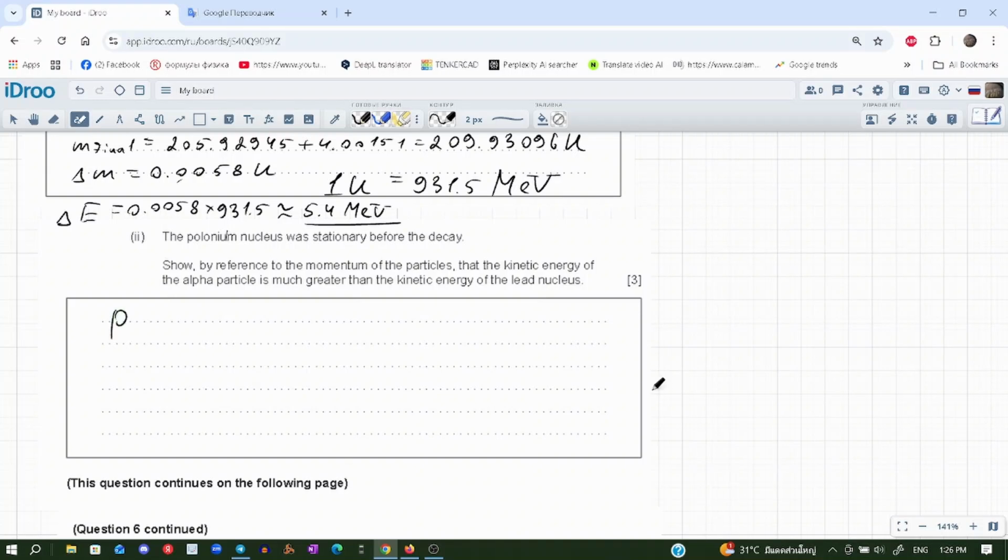The momentum of the alpha particle plus the momentum of the lead particle has to be equal to 0, because before, the polonium nucleus was stationary, had 0 momentum. So it means that by magnitude, the momentum of the alpha particle has to be equal to the momentum of lead.